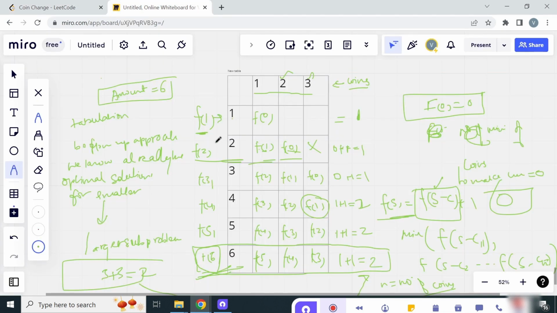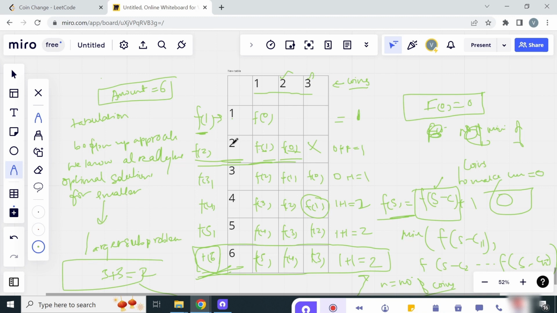So suppose at f2 we subtract, 2 minus 1 for 2, because we want to check the minimum number of coins needed for 2. We have to subtract each coin's denomination to get a sum, and for that sum we have to find the minimum number of coins needed, right?